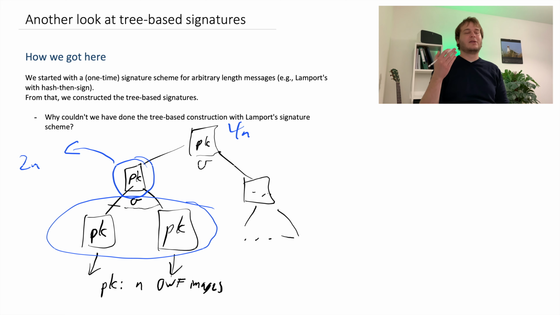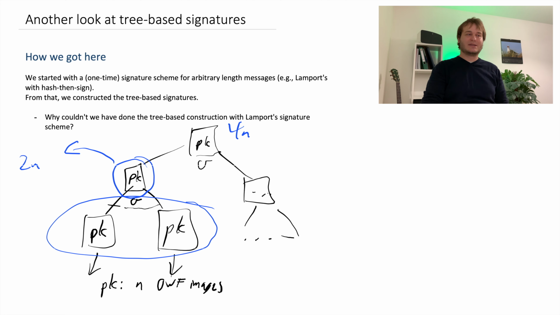So essentially, the fact that Lamport signatures have a public key that is longer than the messages they can sign is a big problem, because going through this tree on every level, the size of the public key needs to at least double. And so if we have n levels and we get to the root node, then this root node would have to have length at least 2 to the n. And of course, this is way too much. We can't generate this many.